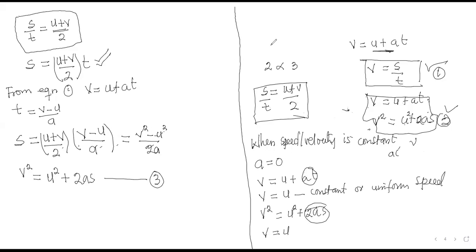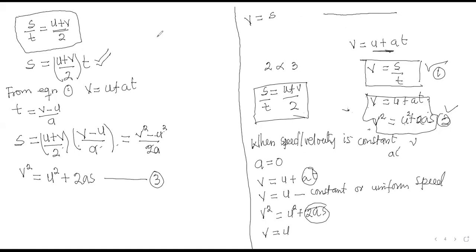Now, when the body does not accelerate and you are calculating for speed, then V must be equal to the total distance covered, because here the velocity of the body is the same from start to finish. So acceleration is 0. Look at the third equation of motion.